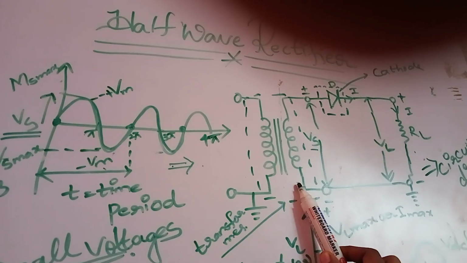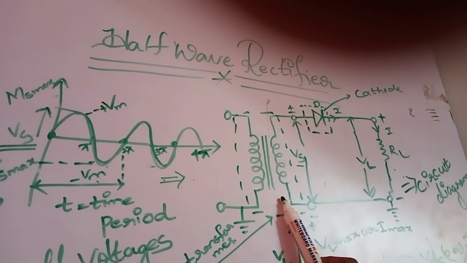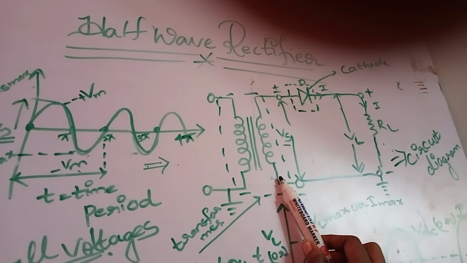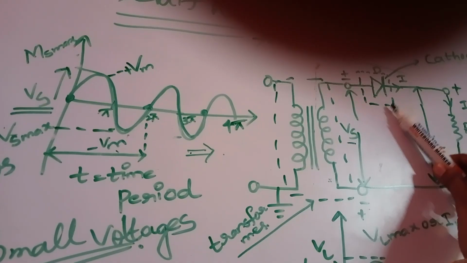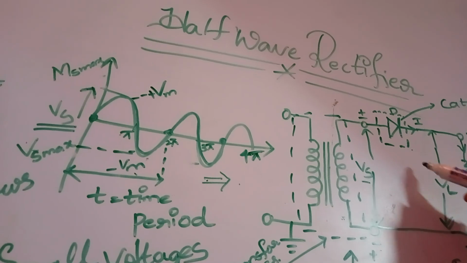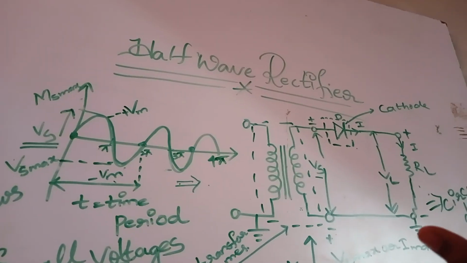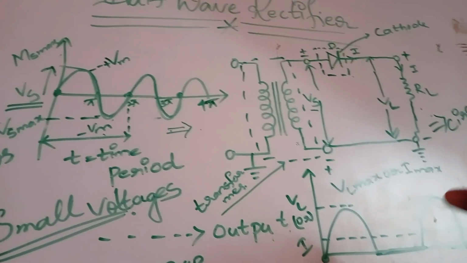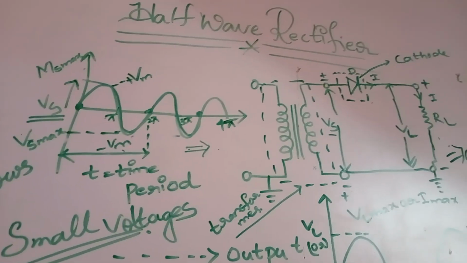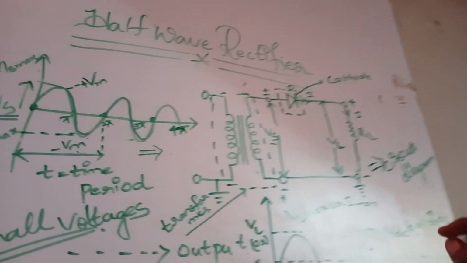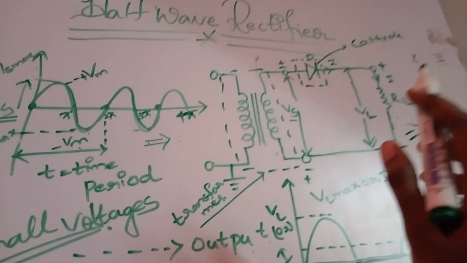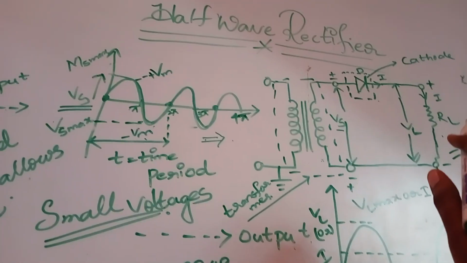Here we are using the step down transformer. By that we are decreasing the voltage and giving it to the diode. The diode conducts. Here the concept comes, that conducts means it starts working. It will allow the positive half cycle; conduction takes place only during the positive half cycle.